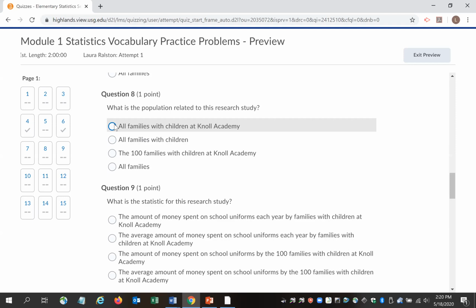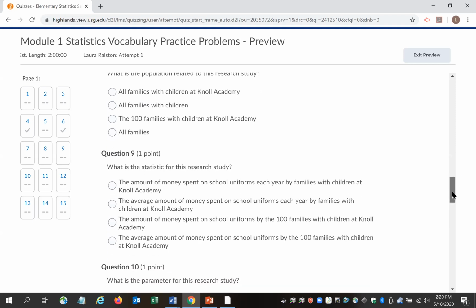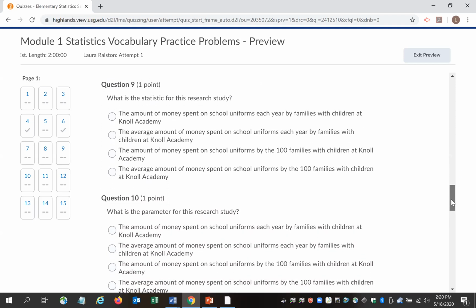All right, then the next question I get is what is the statistic? Okay, so this is the statistic for the sample. I got this one wrong because I submitted it and everything. So I thought it would be the amount of money spent on school uniforms by the 100 families with children at Knoll Academy.